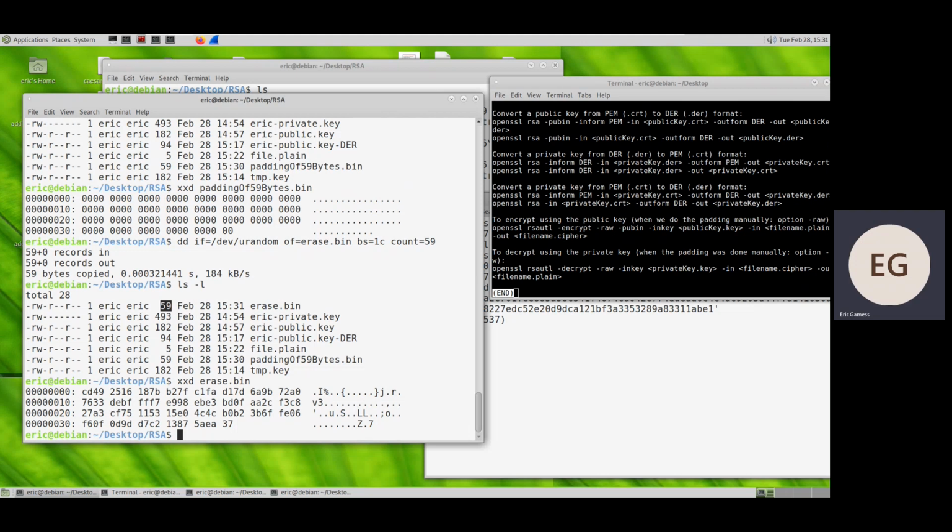Now, if I tell you, okay, I want a file with 59 bytes, and I want 59 capital A inside. What can you do?